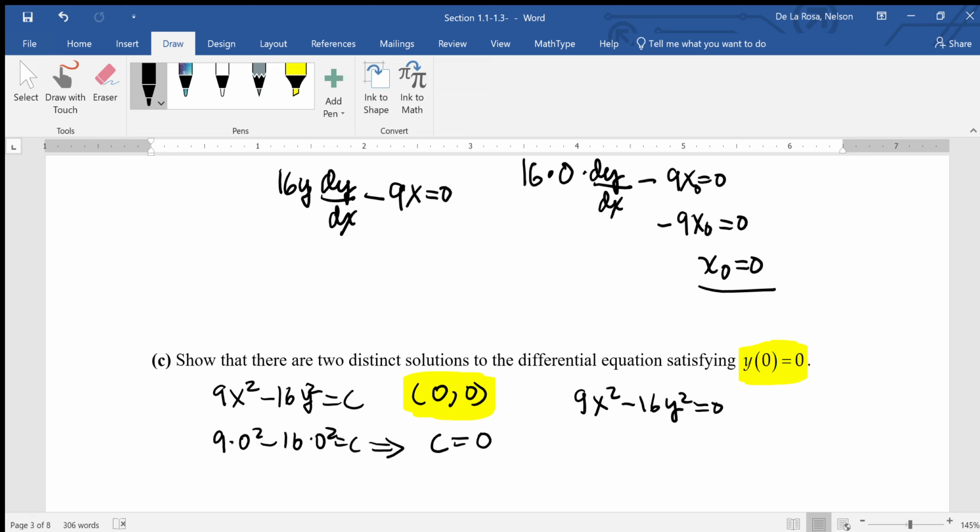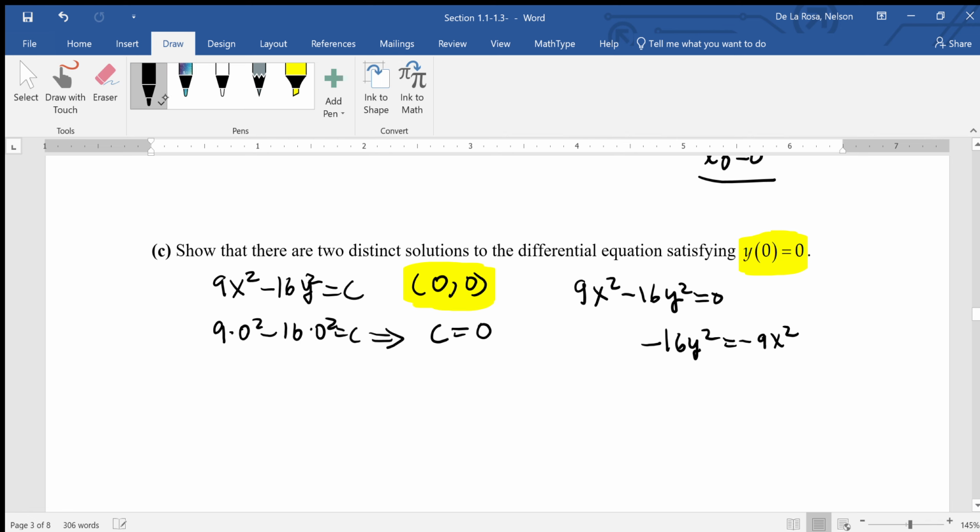So let's see. Show that there are two different solutions for the given differential equation. Well, trying to isolate y squared, we have negative 16y squared equals negative 9x squared. Then we divide by negative 16, right? Then we have y squared equals positive 9/16 x squared.